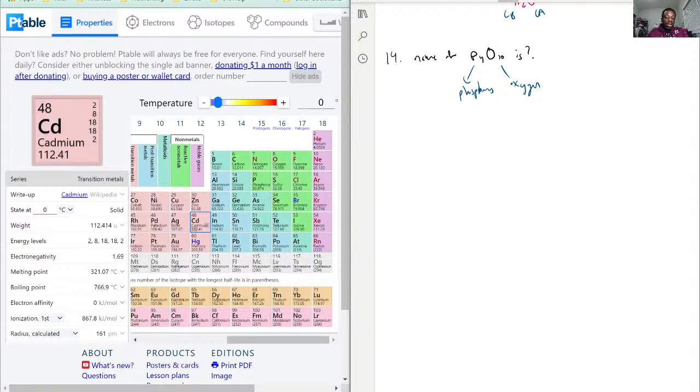So in this compound, we have no metals. So it's not an ionic compound because that needs a metal and a nonmetal. It's actually going to be a molecular compound. With that being said, it follows its own naming rules. Because it's a molecular compound, we still need phosphorus, okay?